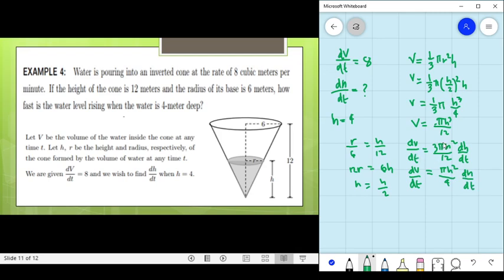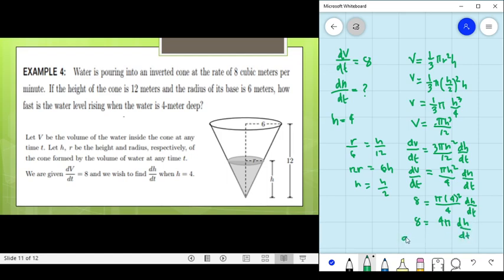And since we are given h of 4 and dV over dt of 8, 8 is equal to pi times 4 squared over 4 dh over dt. So we can cancel one 4 here. So 8 is equal to 4 pi dh over dt.